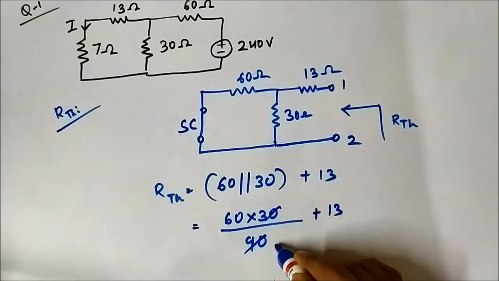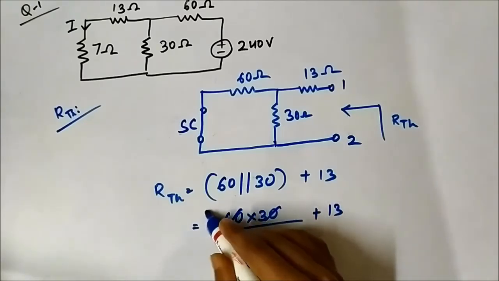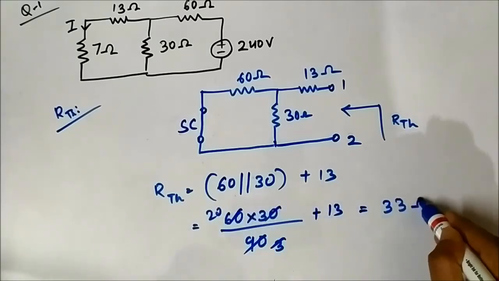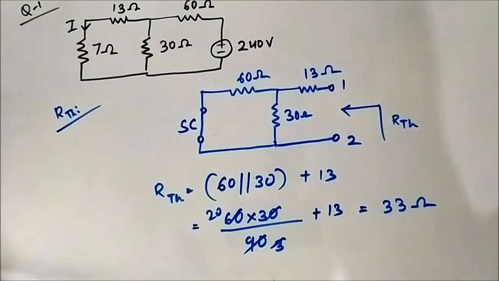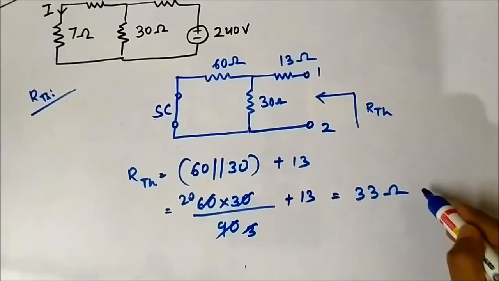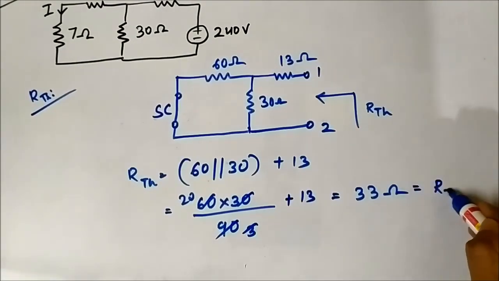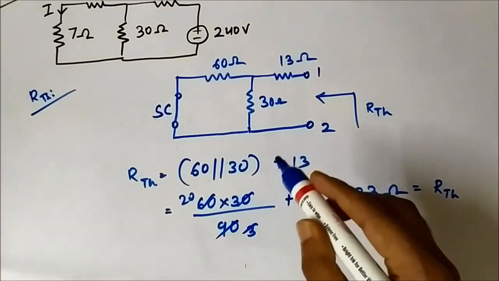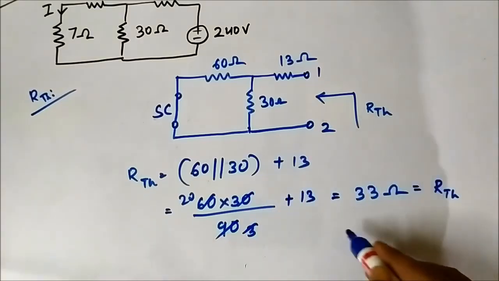This is 3, this is 20, this is 33 ohms. RTH is 33 ohms. VTH was 80 volts.